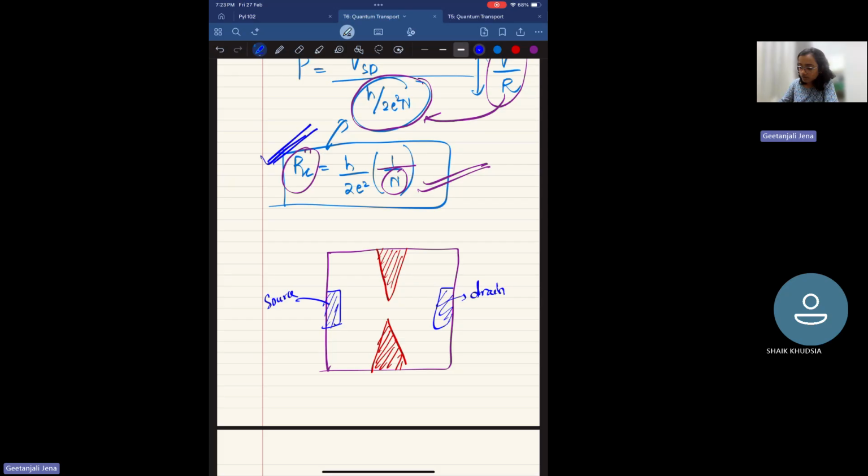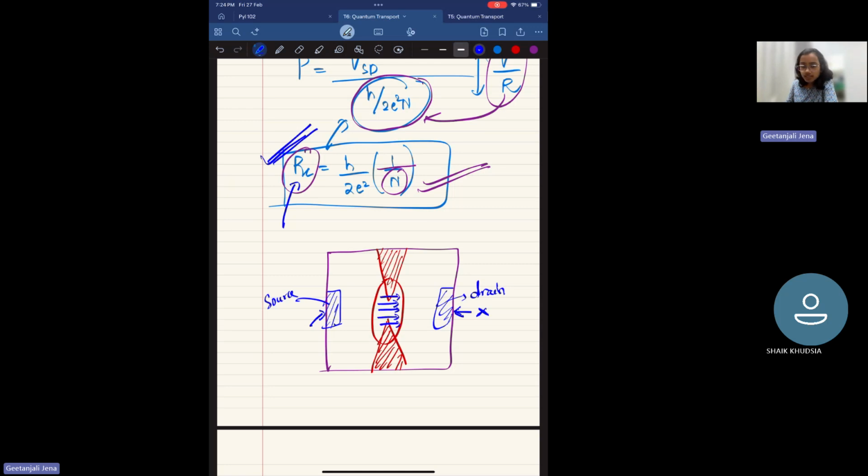So don't confuse the contact resistance with the resistance that we see at the source and drain side. This is not the case. The main contact resistance, why we are getting this value, is that in the quantum point contact region we have confinement. So that is why we see a 1D reflectionless channel here.